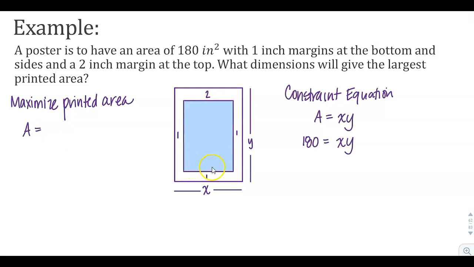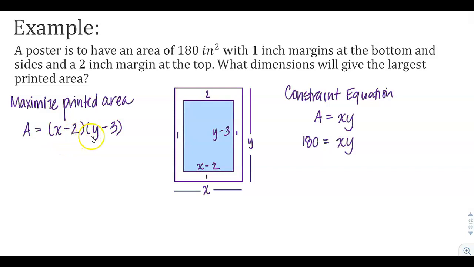So the base of this inside shaded region here, well, if the whole entire base is x, and I'm taking away 1 inch from the left side and 1 inch from the right side, this inside part would be x minus 2. And then if I wanted the height, so the entire side is y, but I'm taking 2 off the top and 1 off the bottom. So this inside portion's height is going to be y minus 3. So the printed area I'm trying to maximize has dimensions base x minus 2 times height y minus 3.